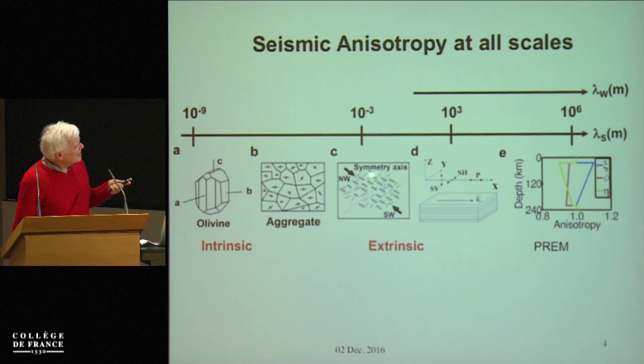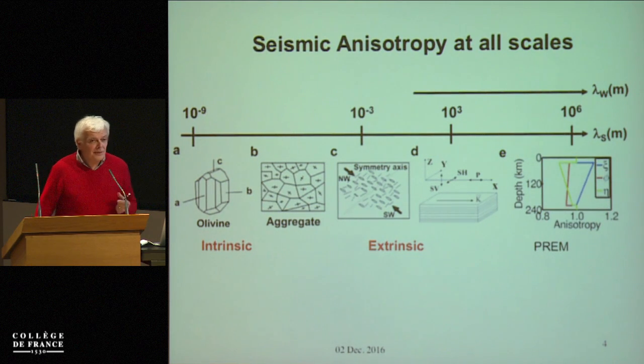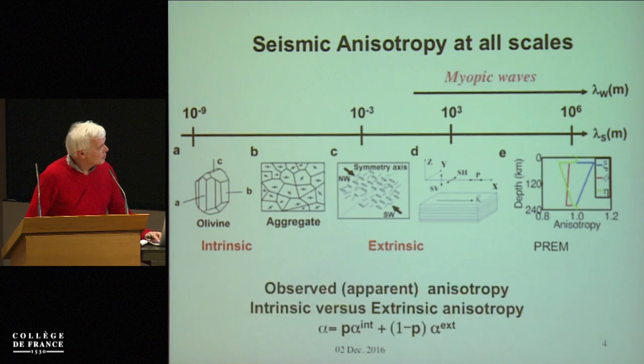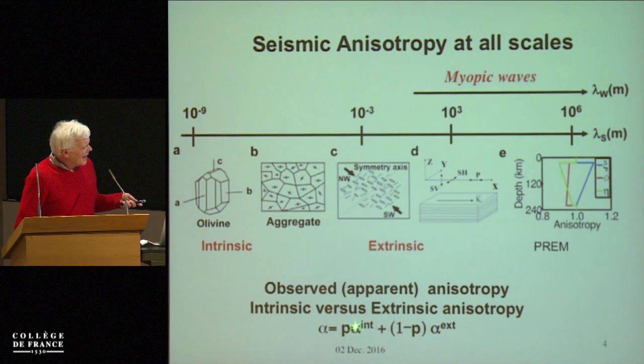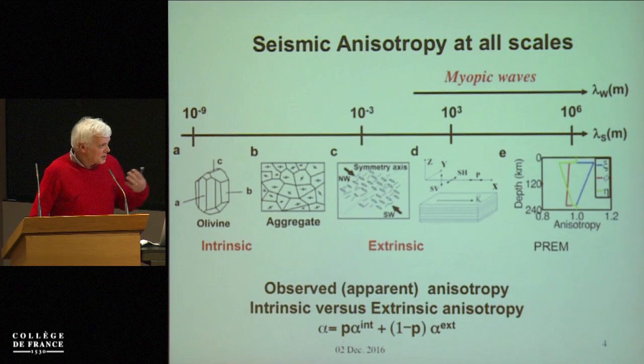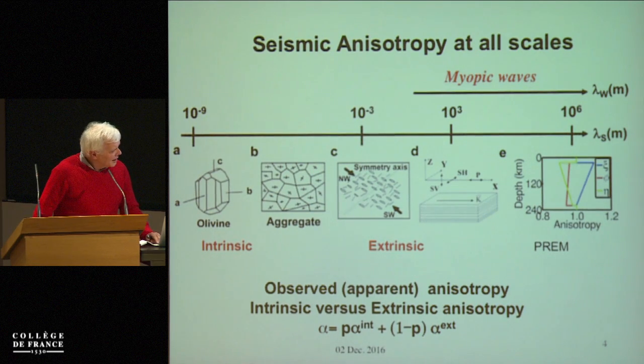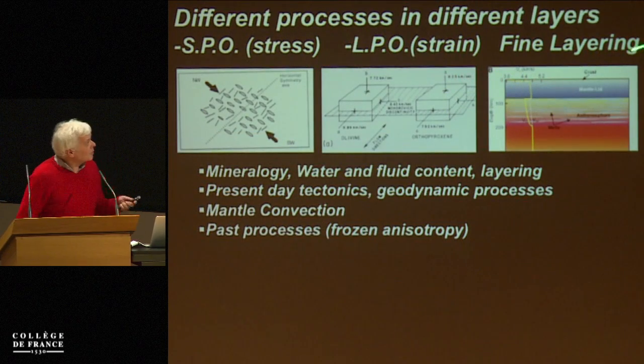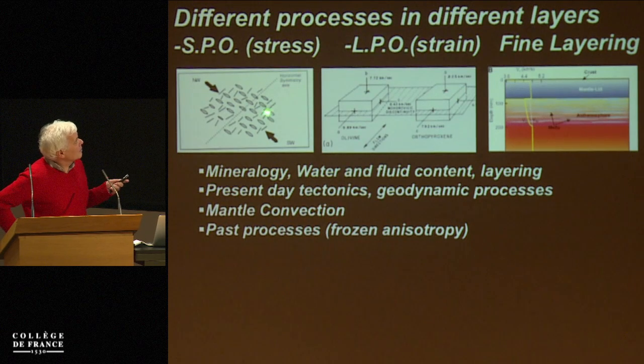And of course, you see that both will give rise to apparent anisotropy, and the difficulty will be to separate these two kinds of apparent anisotropy, because we know that both are present within the Earth, and so the percentage of intrinsic versus extrinsic anisotropy is not so easy to discriminate.